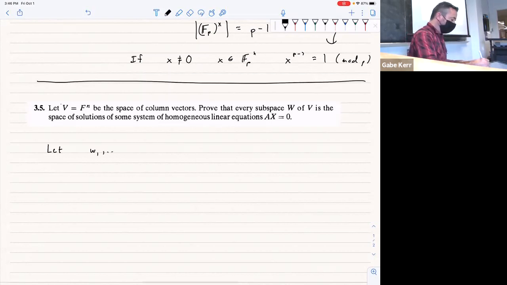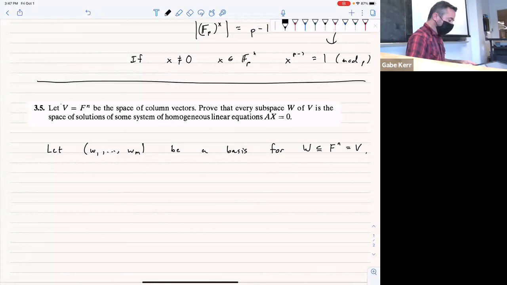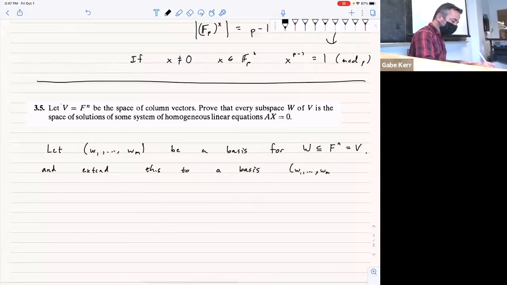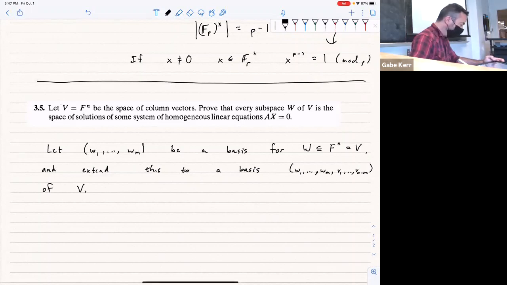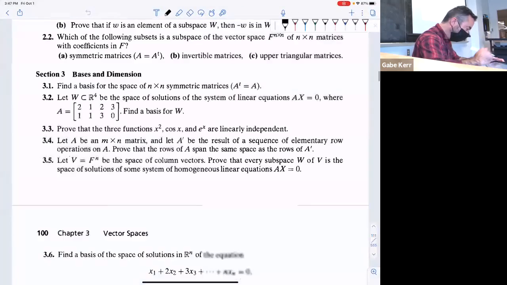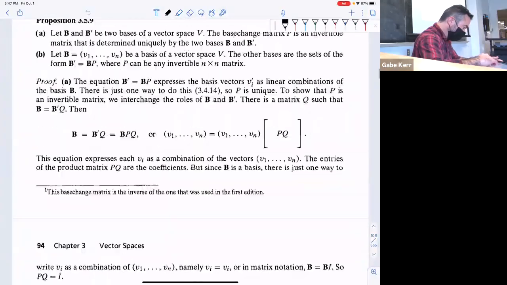So let's say we choose m vectors, and let's say this is a basis for W, which is contained in Fn, which is equal to B. And let's extend this to a basis for V. We've got these guys, we can extend by adding n minus m vectors. This is a theorem.